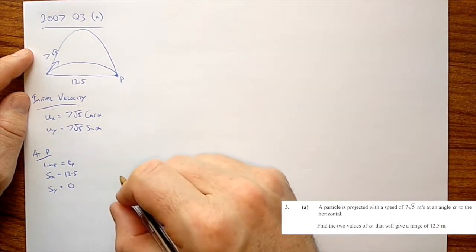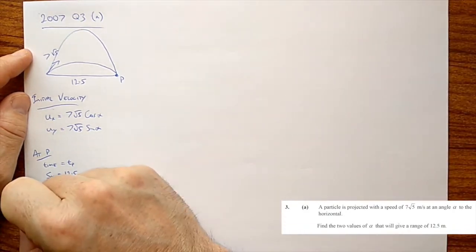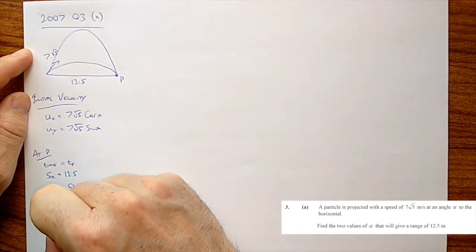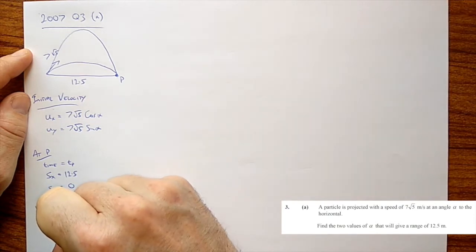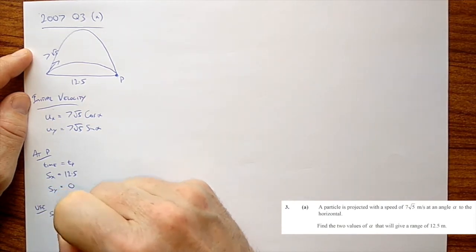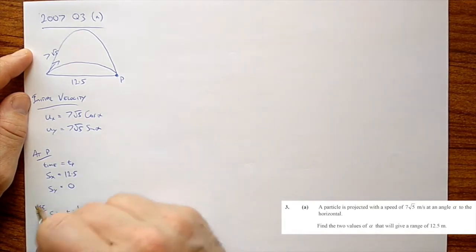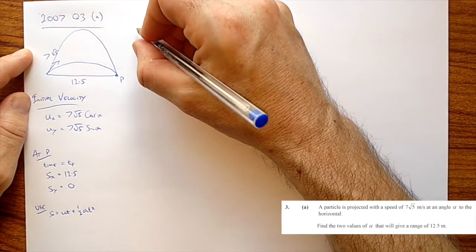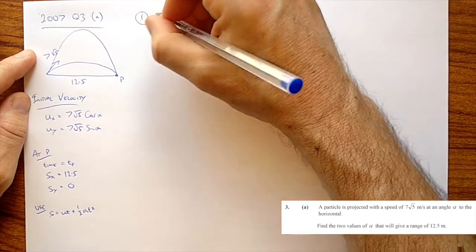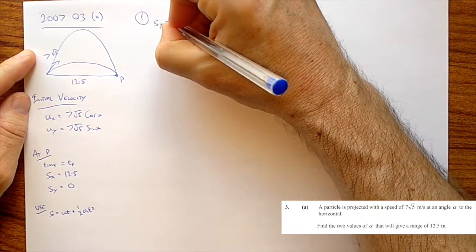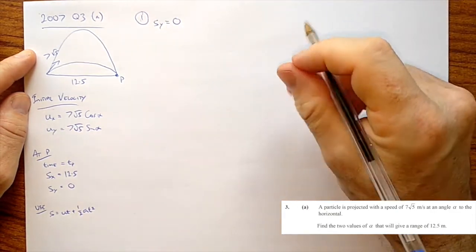Now, let's begin to see how we can figure this out. We're going to use s equals ut plus a half at squared. I have accelerations, I have times, I have distance, I have initial velocity, I have all the bits to make this one work. So let's go to our first point, part 1. Sy equals 0. I'm going to start with this one just because it looks a little bit easier.